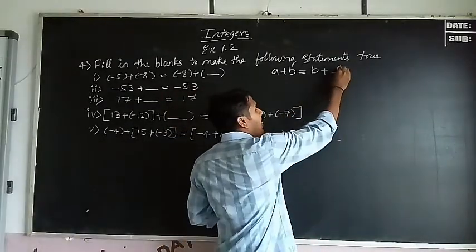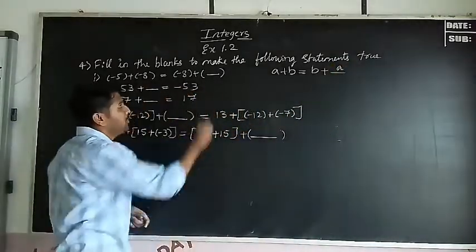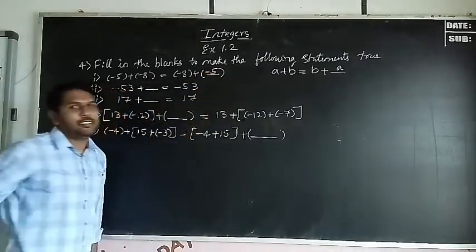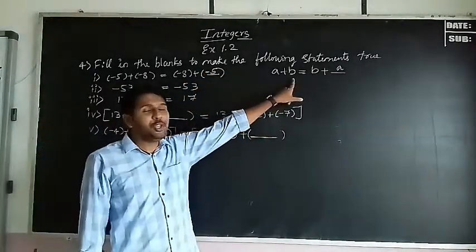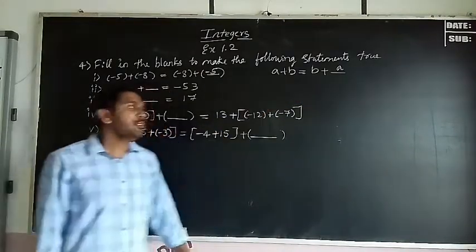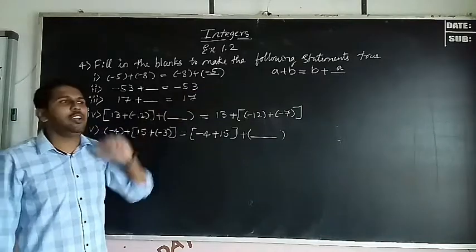A. So here minus 5 is there. Which property? Commutative property under addition. So the answer is minus 5.